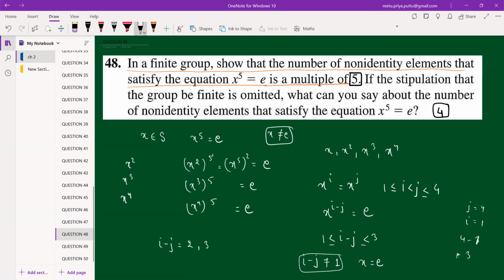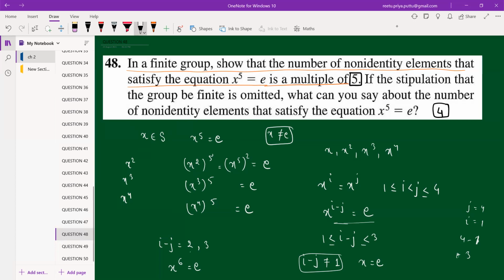Now when i minus j is 2, what you can do is multiply by 3, or when it is 3, multiply by 2. So this will give me x to the power 6 as identity. Why? Because x to the power i minus j is identity. If i minus j is 2, I will multiply with 3 on both sides. And if it is 3, I will multiply with 2 on both sides, meaning squaring both sides.